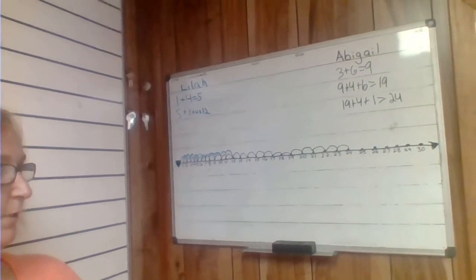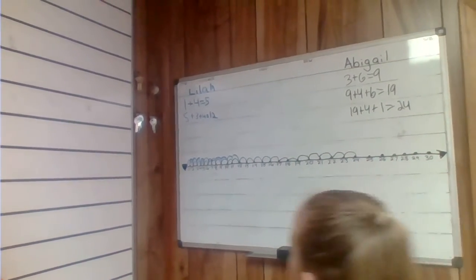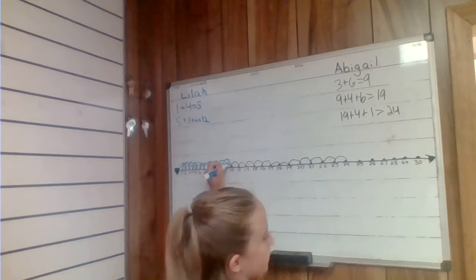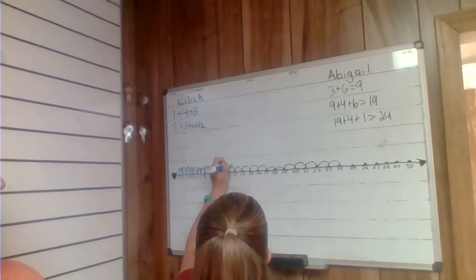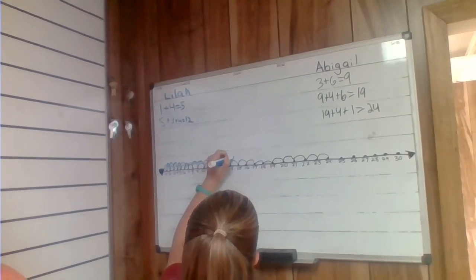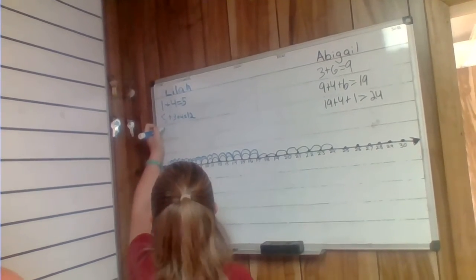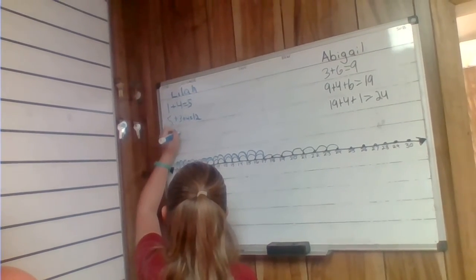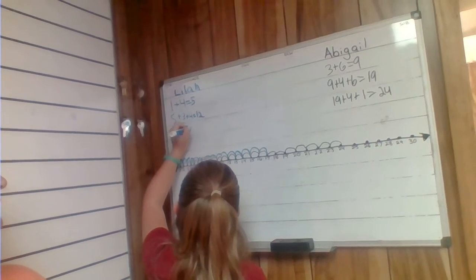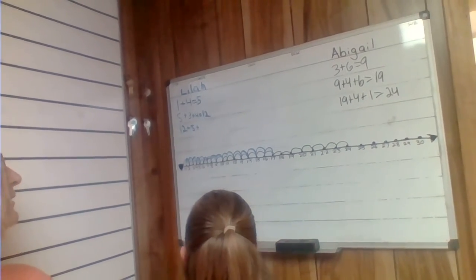Lila's going to take her roll. She rolled a 5. What are you writing, Lila? What does it say? 12 plus 5.